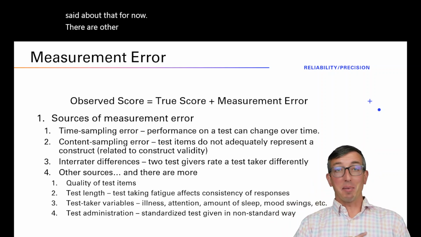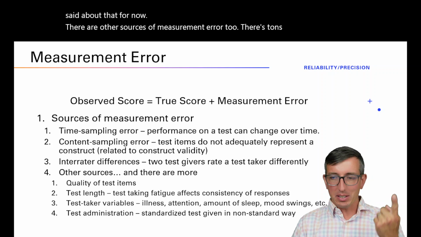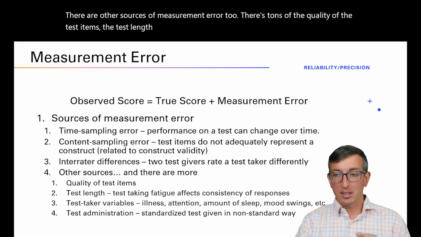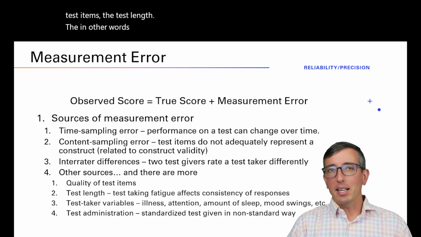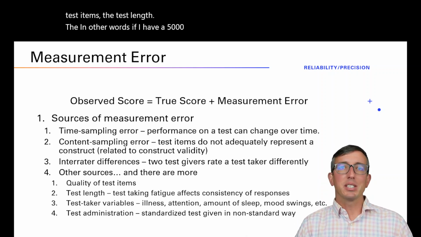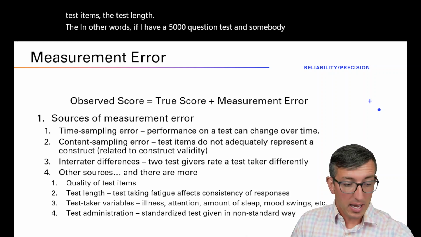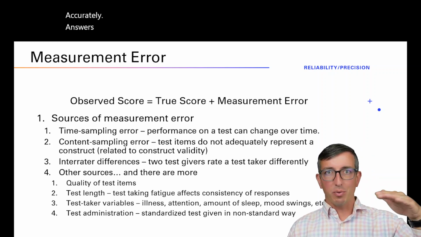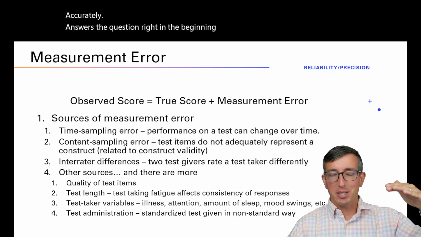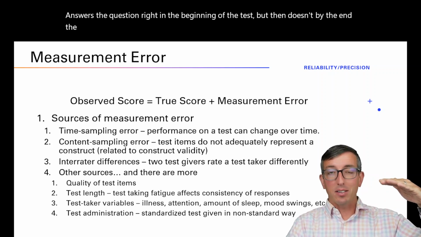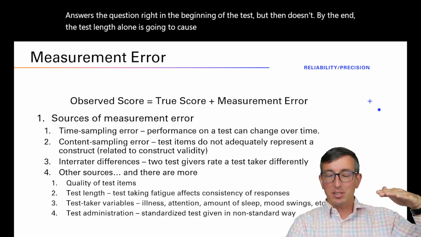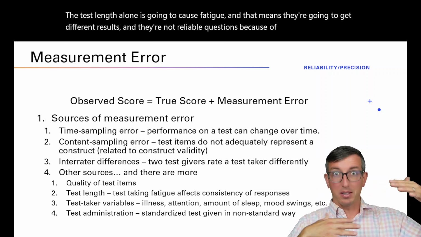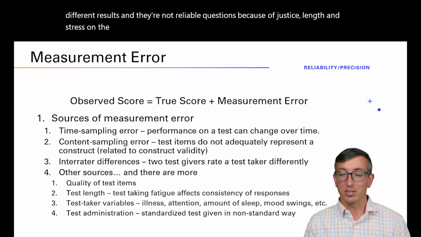There are other sources of measurement error too. There's tons of them. The quality of the test items, the test length. In other words, if I have a 5,000 question test and somebody accurately answers a question right in the beginning of the test, but then doesn't by the end, the test length alone is going to cause fatigue, and that means they're going to get different results and they're not reliable questions because of just length and stress on the person as they're taking it.